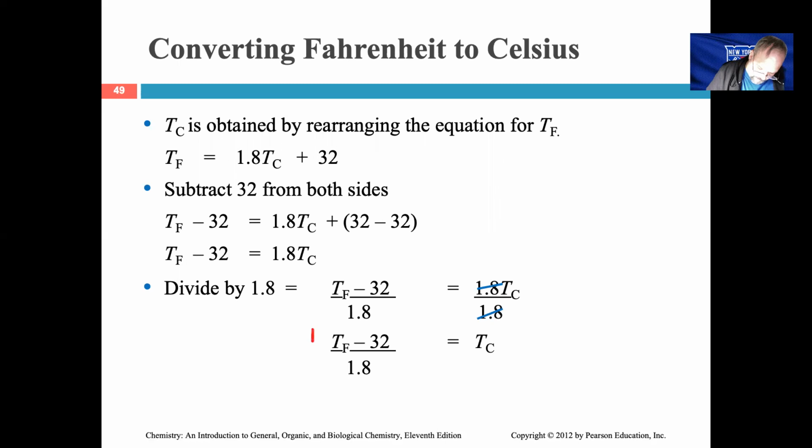Basically, we want to bottom line it, and what we're going to remember is the bottom. In order to convert the Fahrenheit temperature into Celsius, you take the Fahrenheit temperature, subtract 32, then divide that by 1.8. The key here is to remember to do the numerator first and then the denominator.